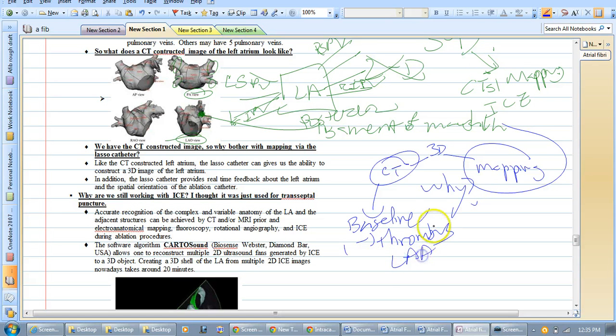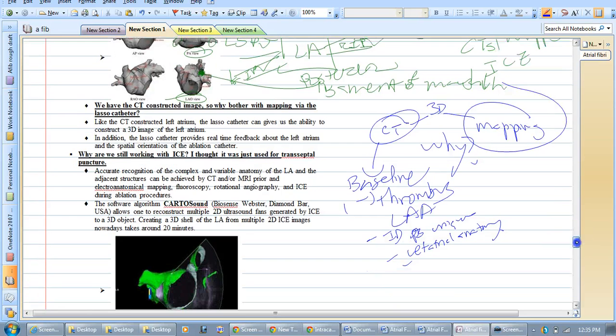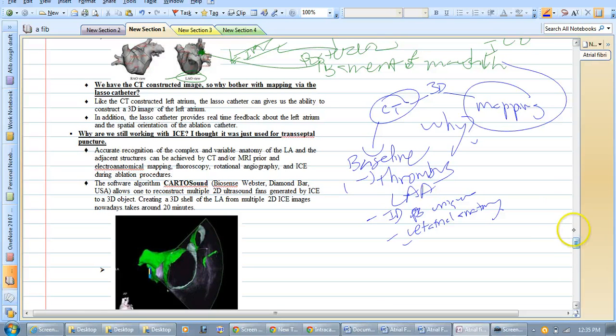Left atrial appendage. Also, it's going to allow us to identify the patient's unique left atrial anatomy, and it's going to give us a reference point for when we're mapping, so we can actually create a 3D image with mapping and reduce any artifact and really pinpoint what the left atrium of the patient will look like. So that's why we do both. So both is good. Smiley face.